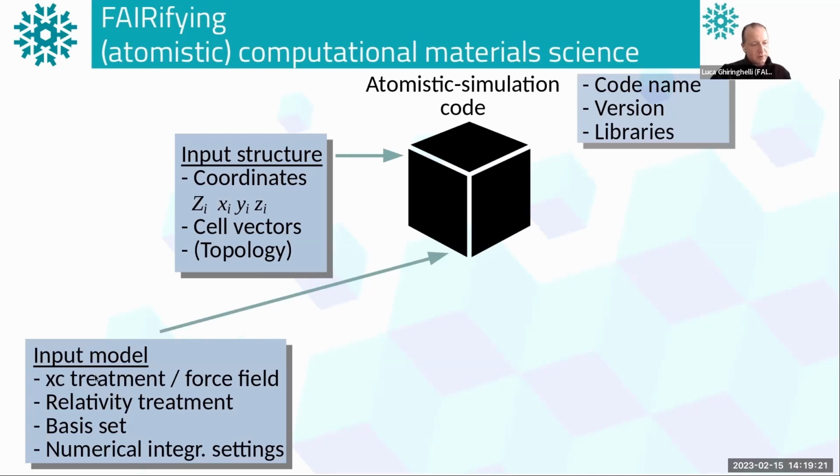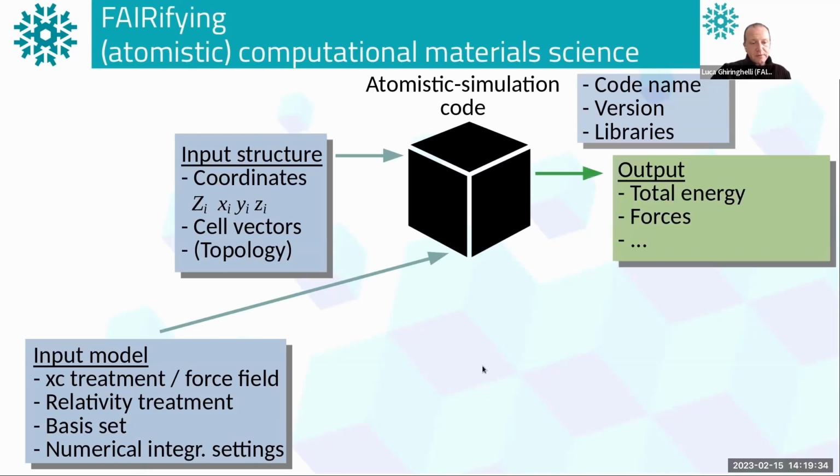There's some physical model, so exchange correlation treatment, relativistic treatment, for example, but also the numerical implementation, basis set and numerical integration settings that should be recorded in order to tell observables that one may be interested in, say total energy, forces, where they came from. So all this information here is explaining where the output data is coming from.